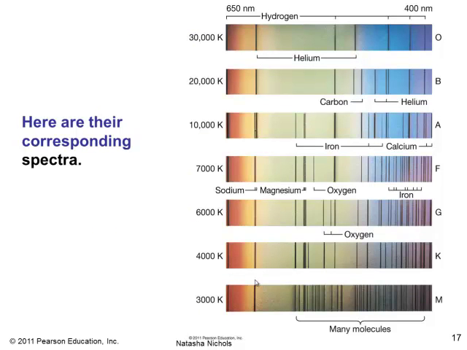Here are the stars' corresponding spectra, starting from O, the hottest stars, down to M, the coolest stars. These are not actual spectra, which are messy and complex, but are simplified artist renderings illustrating a few spectral features.